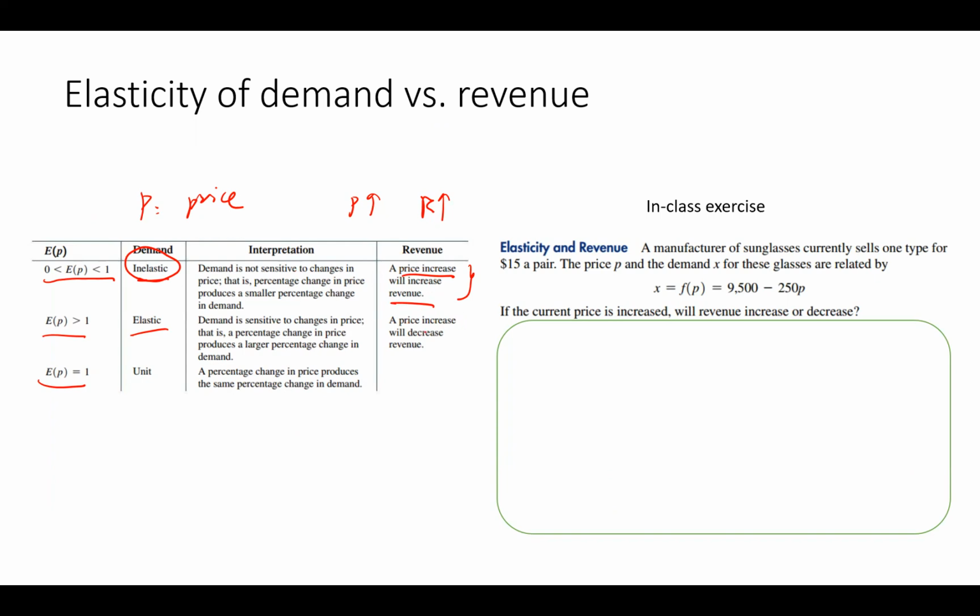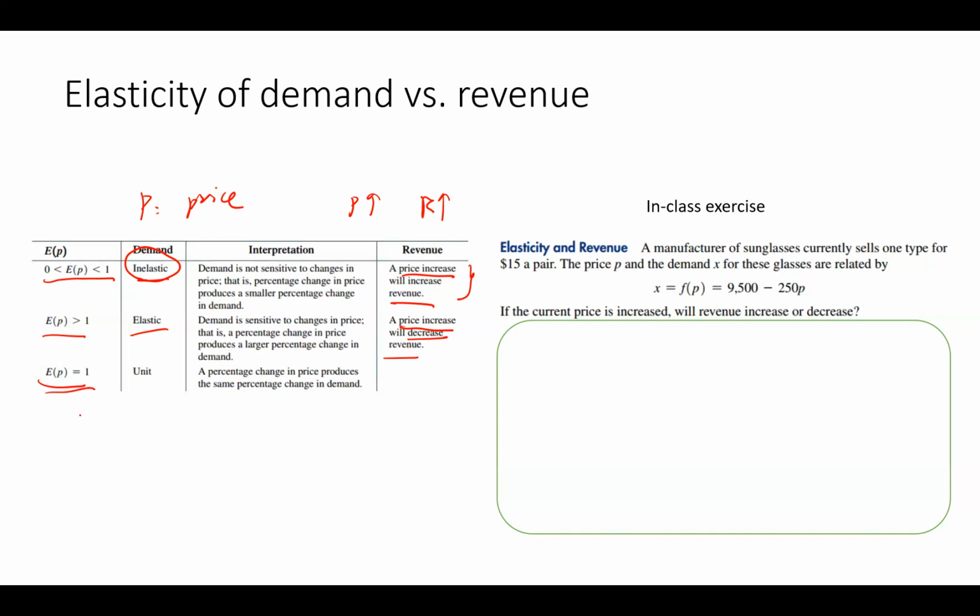However, for very customer-sensitive products, daily products like the price of vegetables, if there's a price increase, then that actually decreases revenue because customers will compare between products, right? So even a slight increase means the change in demand is very elastic, so there will be a huge change in the demand.